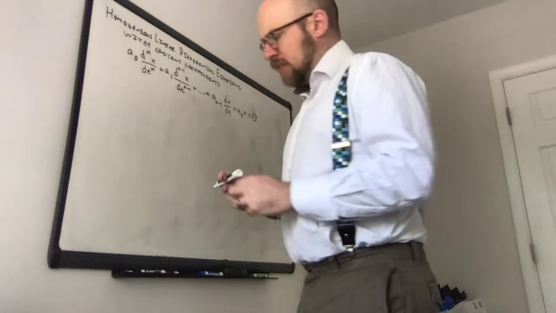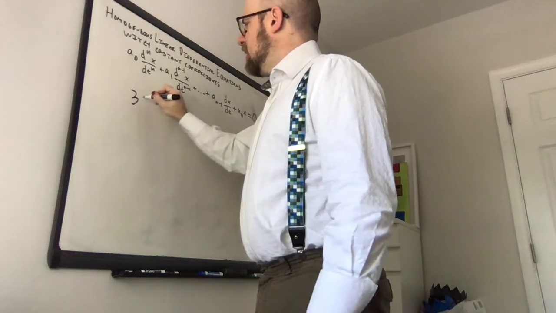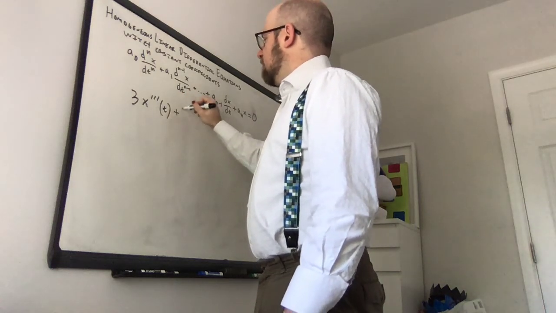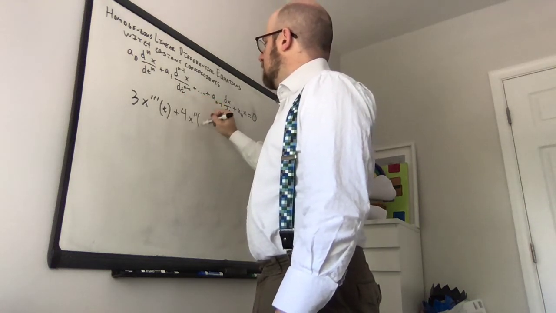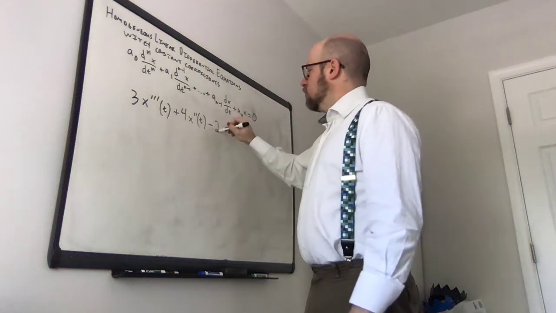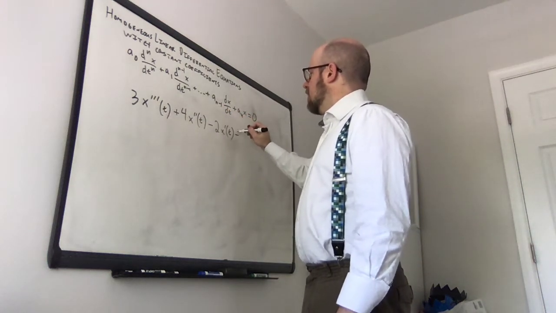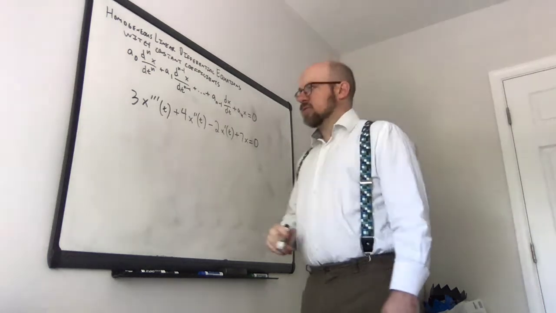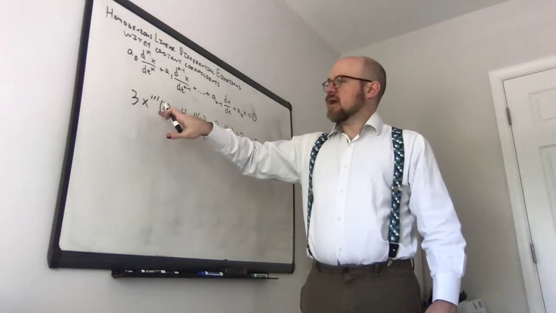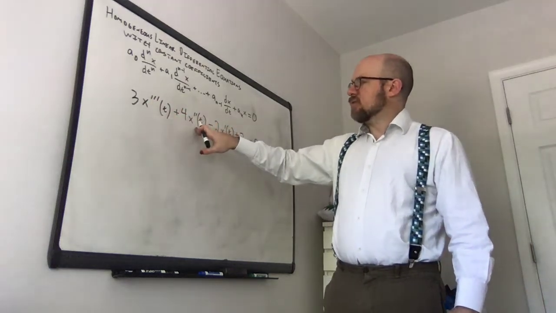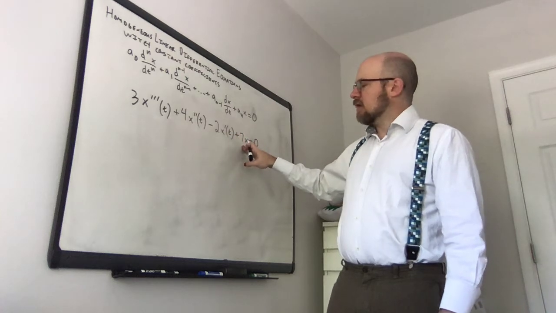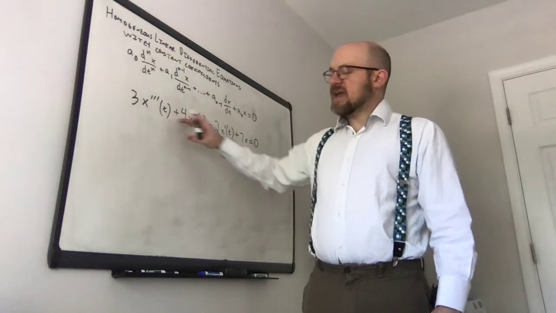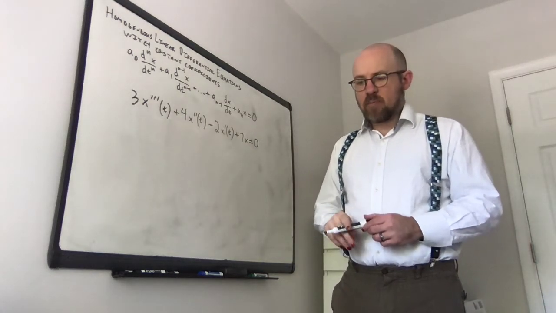A simpler version would be something like 3x triple prime of t plus 4x double prime of t minus 2x prime of t plus 7x equals 0. So you've got a constant times a derivative, constant times another derivative, constant times x, and finally equals 0. Anything like this can be solved in the same way.